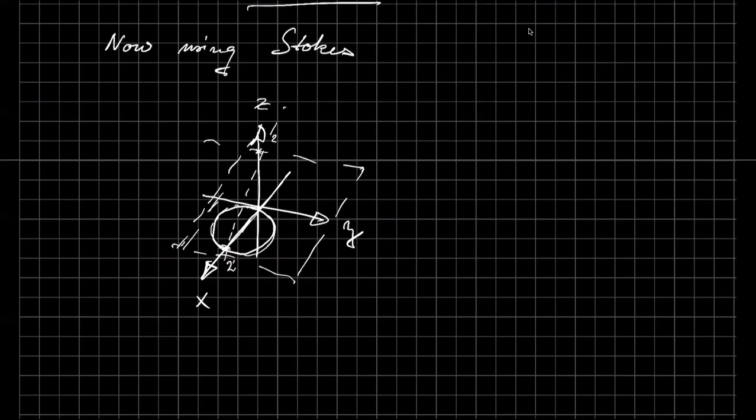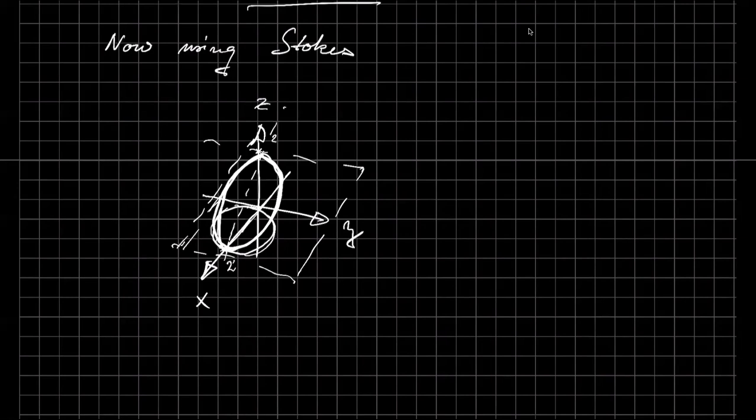So it will be a curve, and the curve will be like this. It will be an ellipse. And we have written the parametric representation for the boundary.